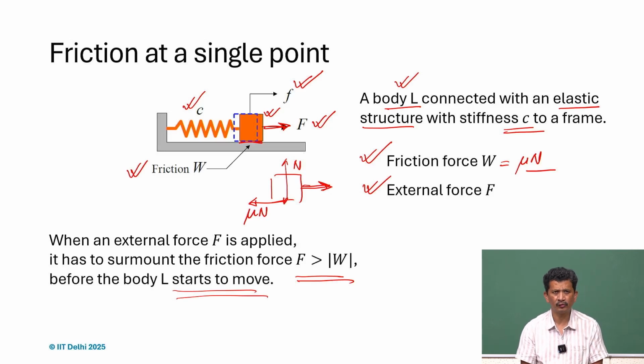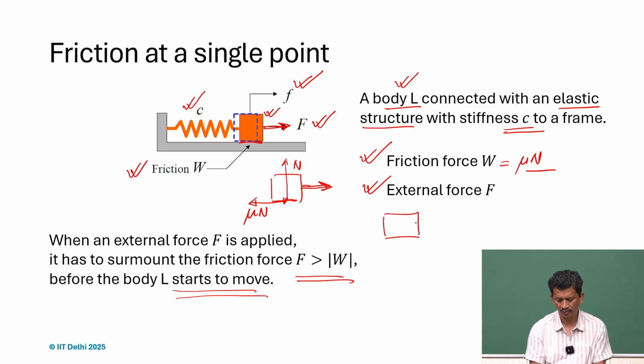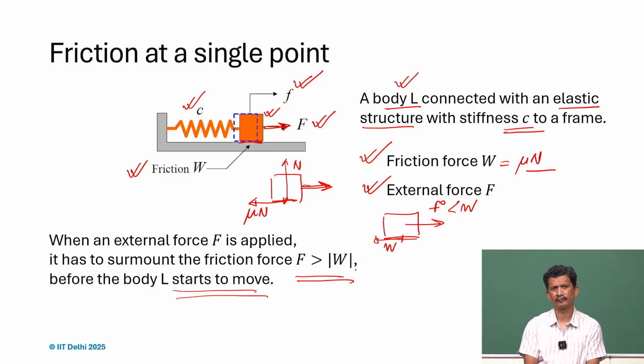But suppose there is no movement, in that case the friction force will simply readjust. So even if we have this external force which is less than W, the force W readjusts till F reaches the value W, and only then it starts moving. We can do vice versa.